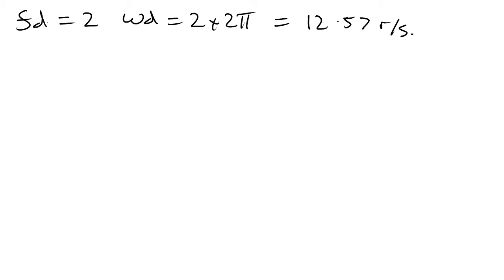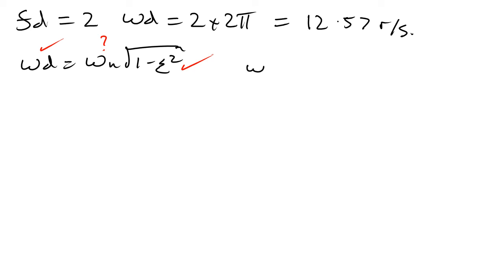And we know that omega d equals omega n times the square root of 1 minus zeta squared. So we know the damping ratio has got to be 0.4, and we know the one we've just calculated, so we can work out what our natural frequency is.